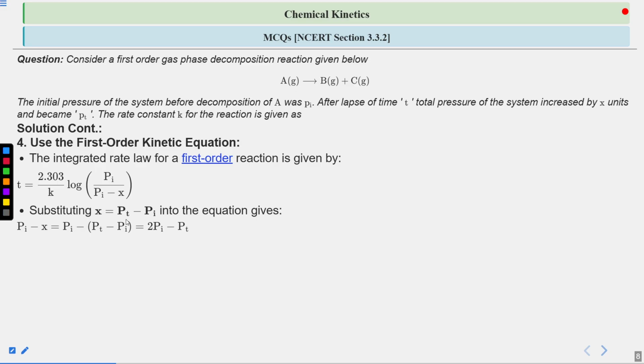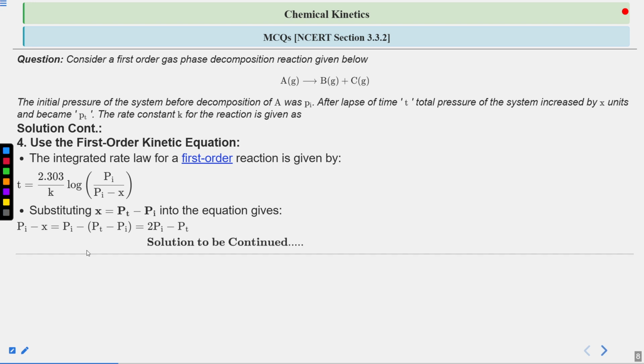So plus p initial will become 2p initial, and negative p total will remain. So 2p initial minus pt will be the result after putting the x value in this p initial minus x term, where x is equal to p total minus p initial.